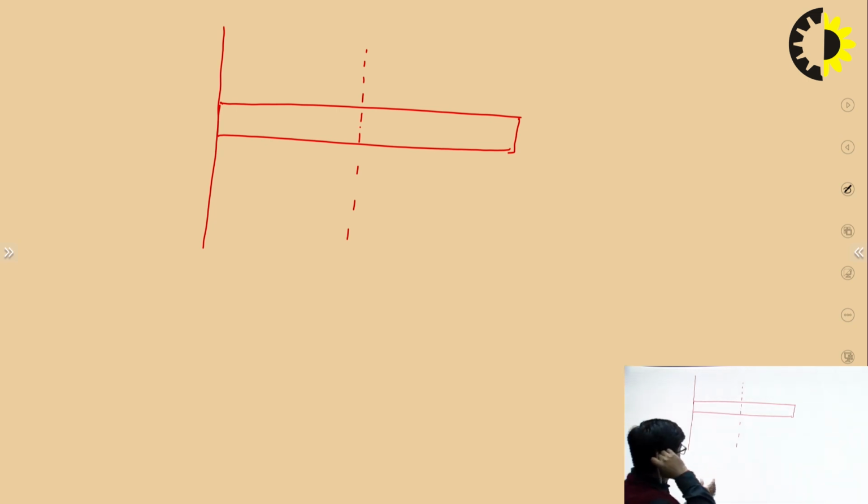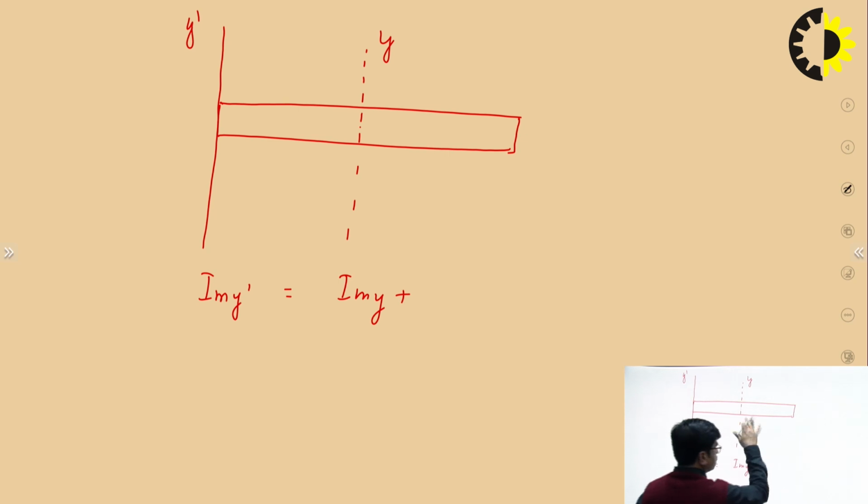Say this is y dash axis, this is y. So, I_y' equals I_y plus total mass M into this distance L by 2 whole square.